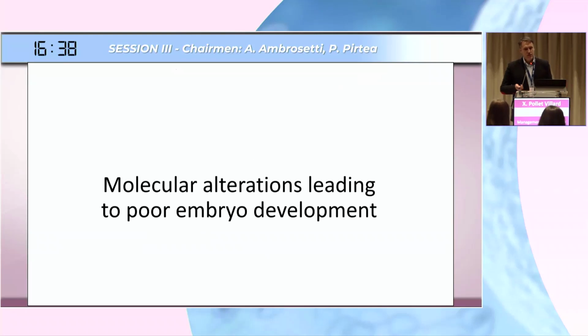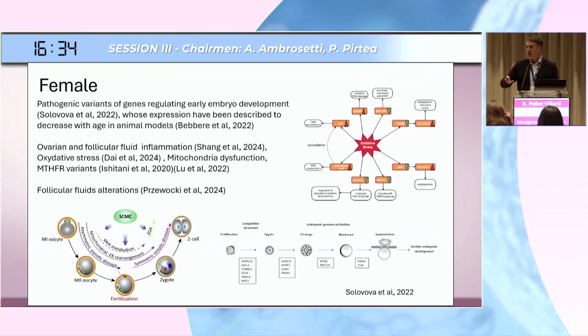So, if we look at molecular alterations that can lead to poor embryo development in the female, we have a plethora of fundamental studies. But we have a recent meta-analysis review about some pathogenic variants of genes that regulate early embryo development.